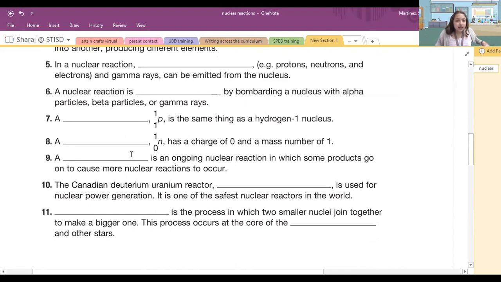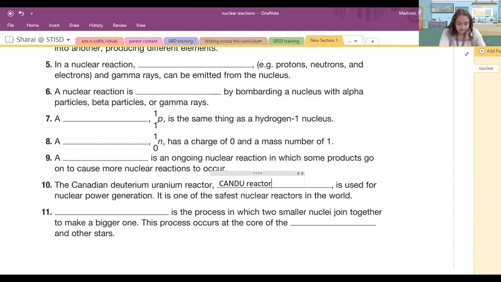So we said the CANDU reactor, that one's actually number 10. The Canadian deuterium uranium reactor, so CANDU reactor. Induced would be number 6. A nuclear reaction is induced or started by bombarding a nucleus with alpha particles, beta particles, or gamma rays.